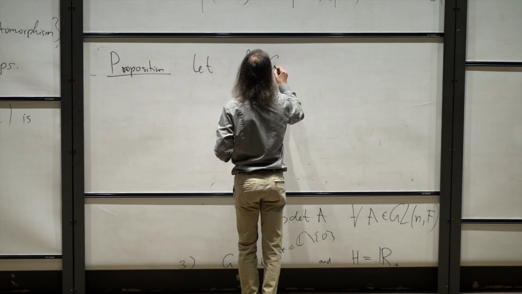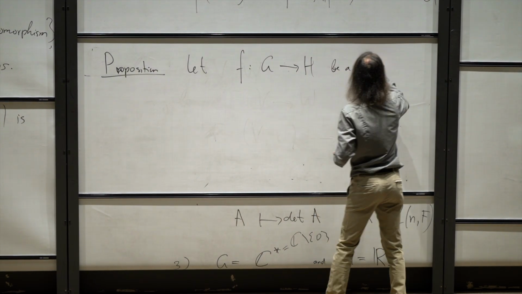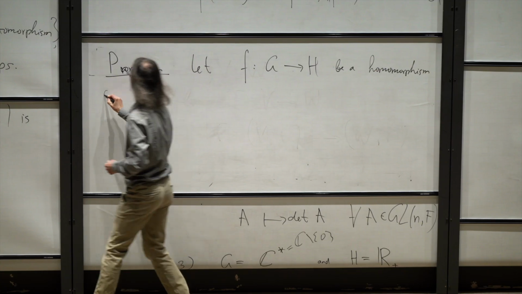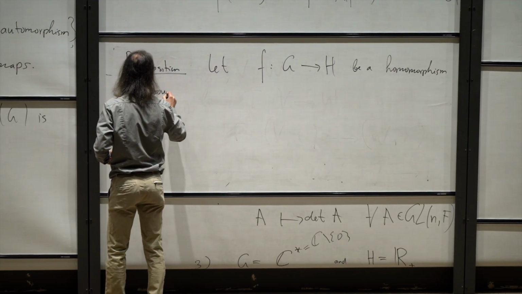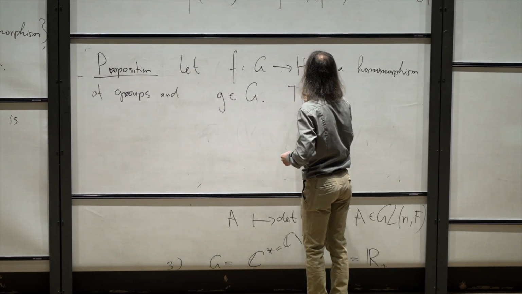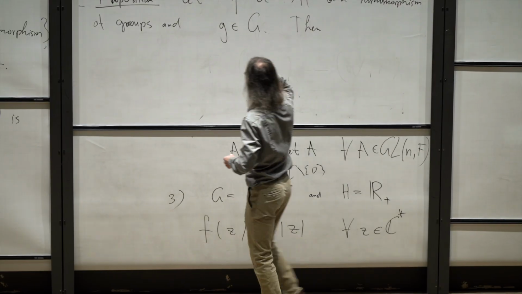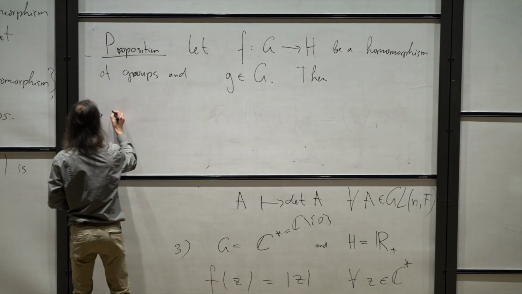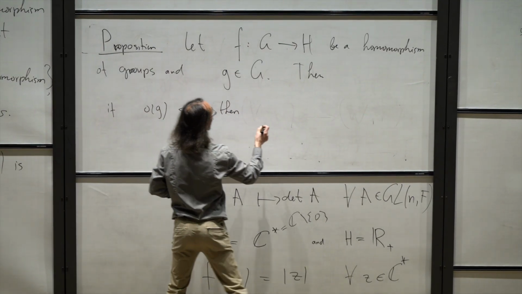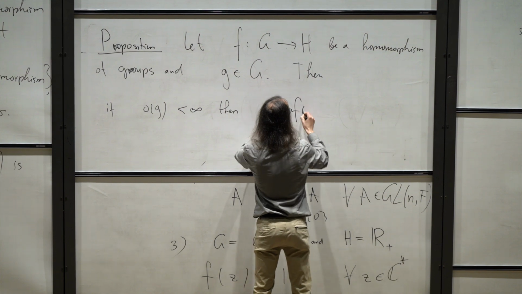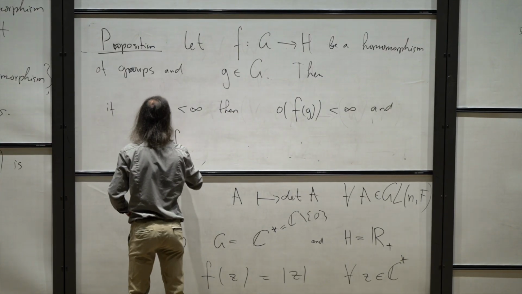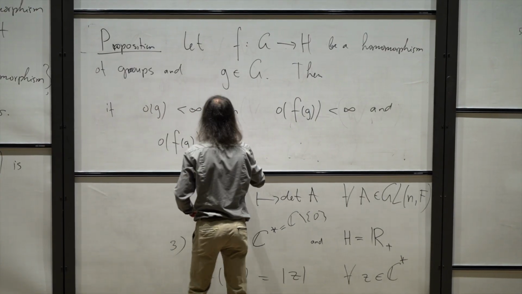Let f be a homomorphism of groups and take an element g in G. If the order of g is finite, then the order of f of g is finite, and the order of f of g divides the order of g.